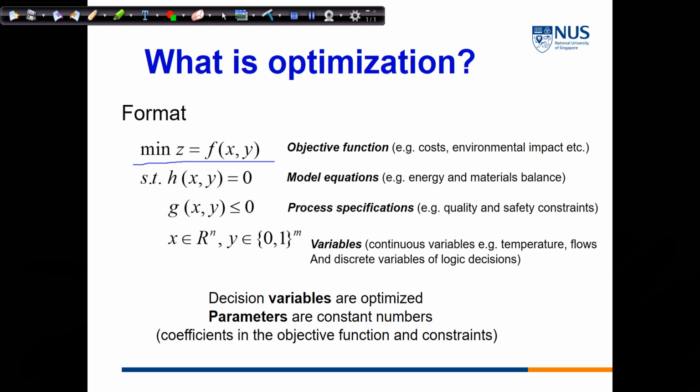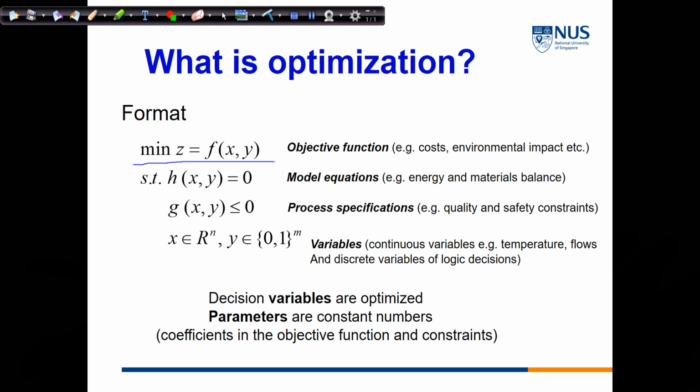We know CO2 carbon emissions are a huge issue causing climate change. Therefore, in process design and many process level operations, we will consider how to minimize the environmental impact by minimizing the CO2 carbon emissions. So those are all kinds of objectives we will consider.